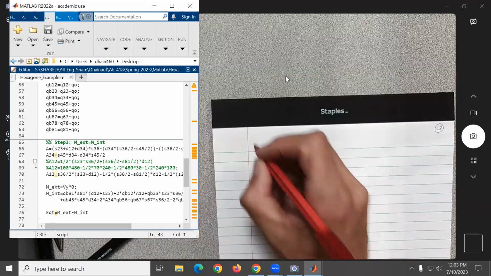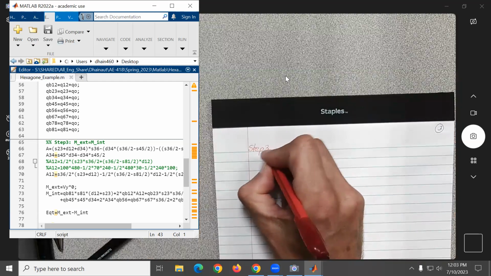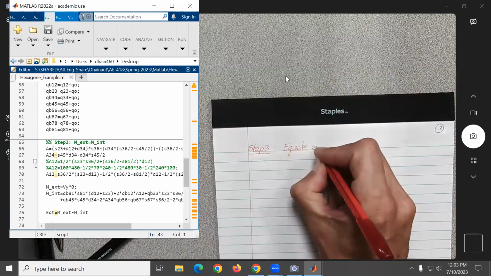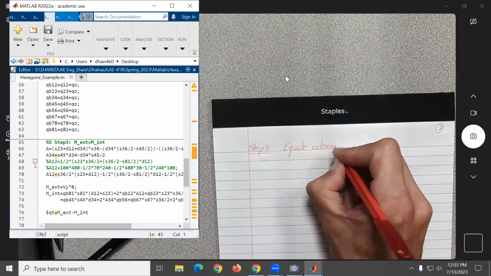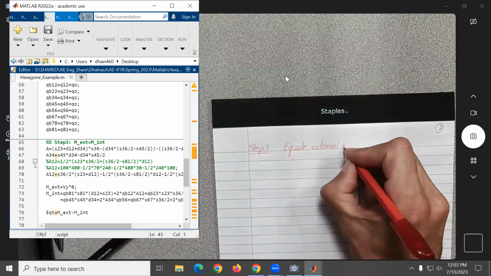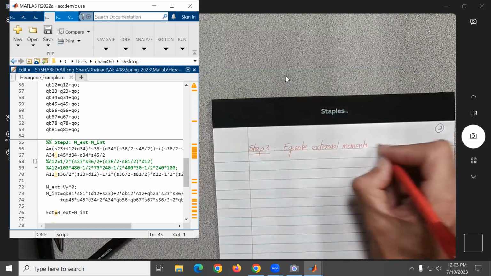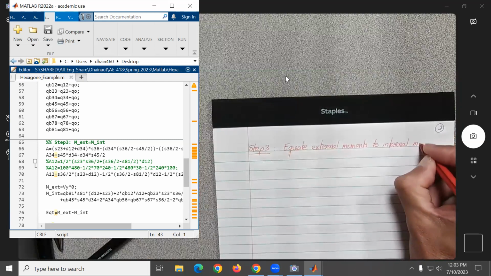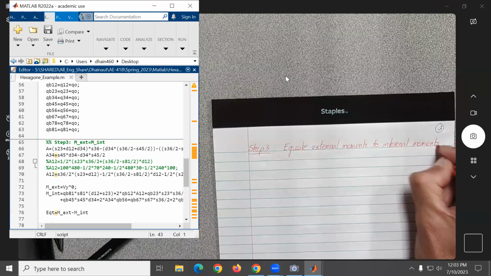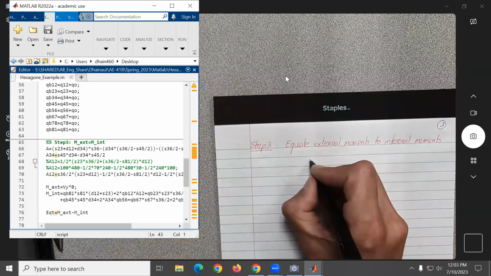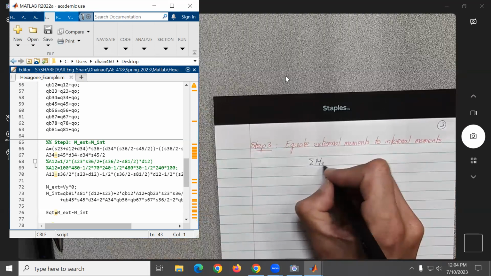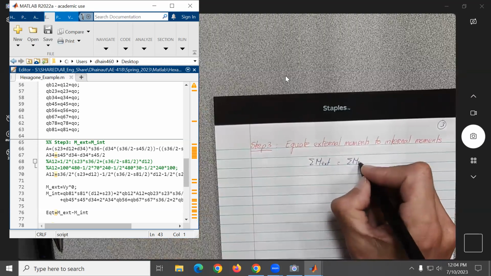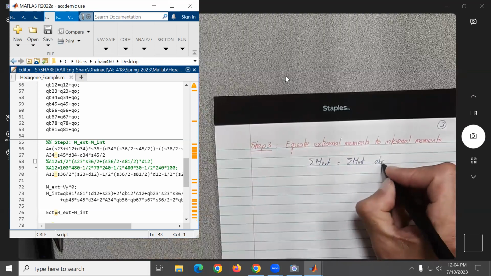So step 3: we equate external moments to internal moments. Basically we're going to say that the summation of external forces is equal to the summation of internal forces, and here we need to select about which point.